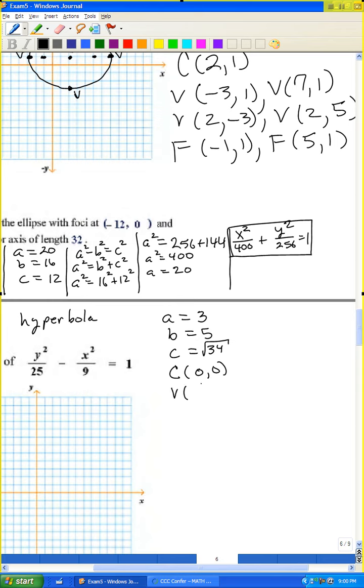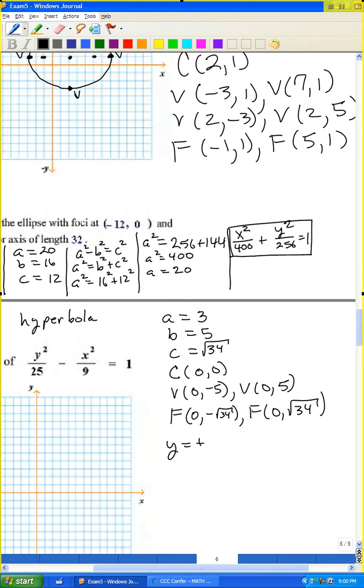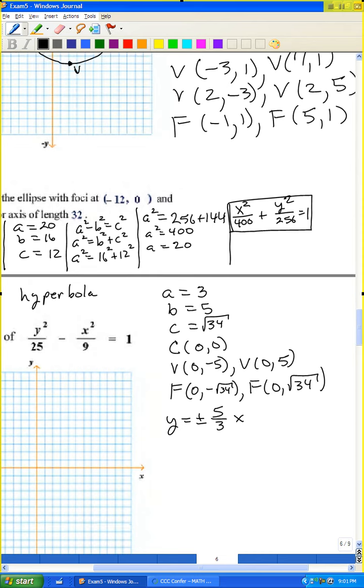So the vertices are at (0, plus or minus 5). The foci will be at (0, plus or minus the square root of 34). The asymptotes will be y equals plus or minus b over a x. And that's it.